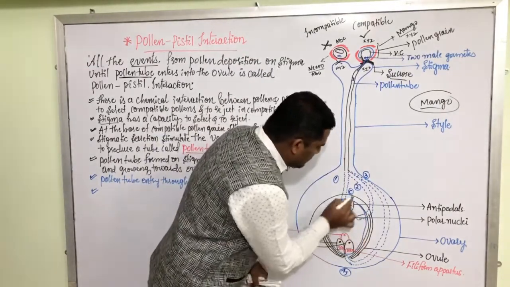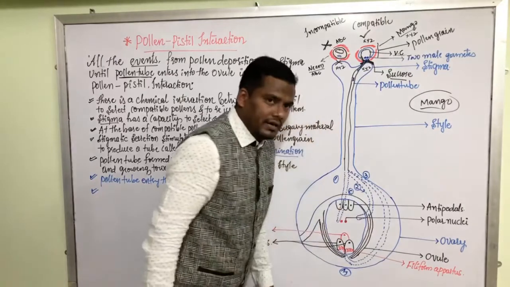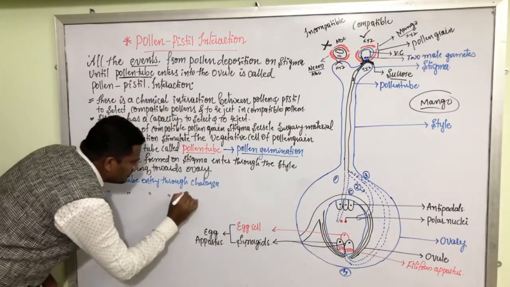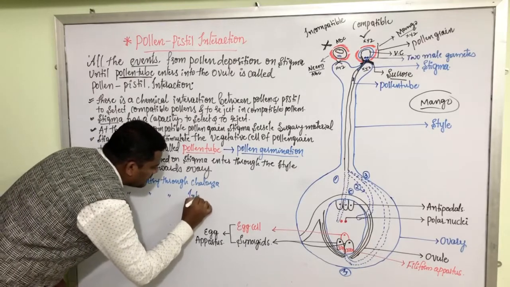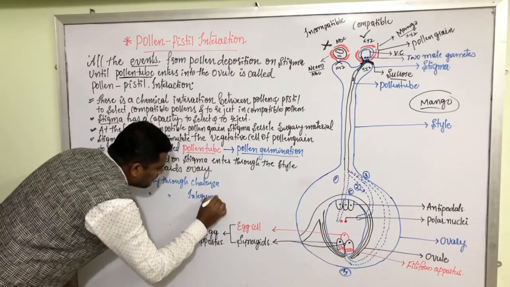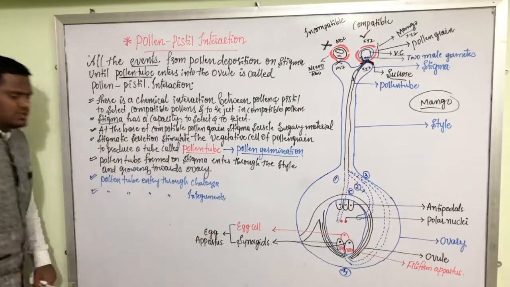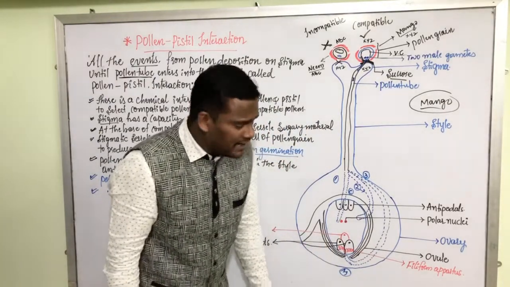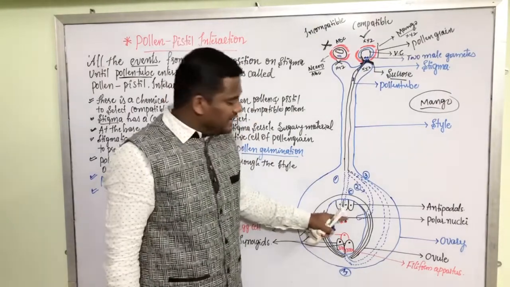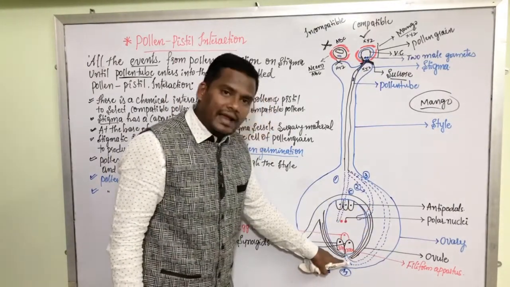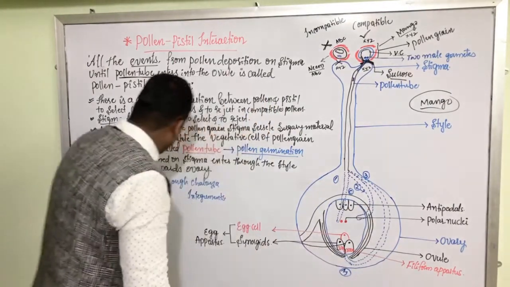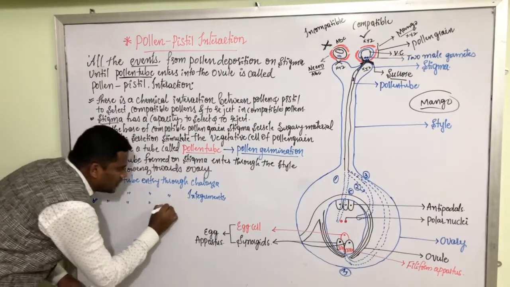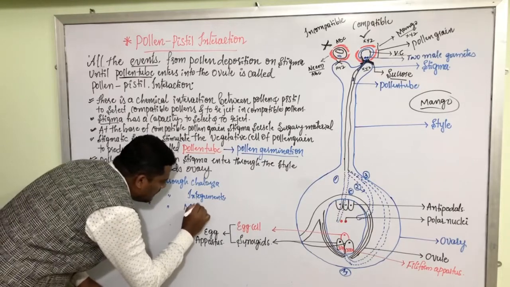This is the second possibility. Pollen tube entry through integuments. Then the third possible way of entering the ovule is through the micropylar end. Third possible way is pollen tube entry through micropyle.